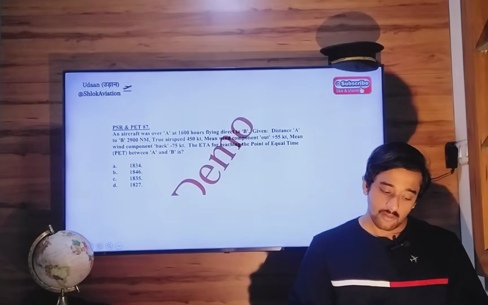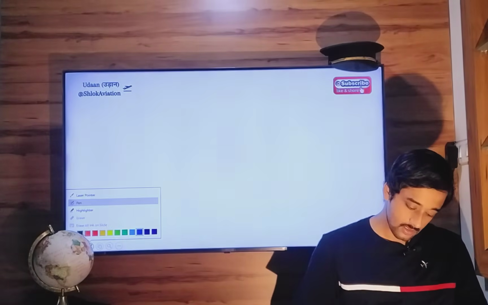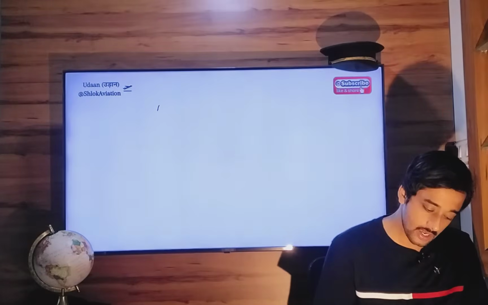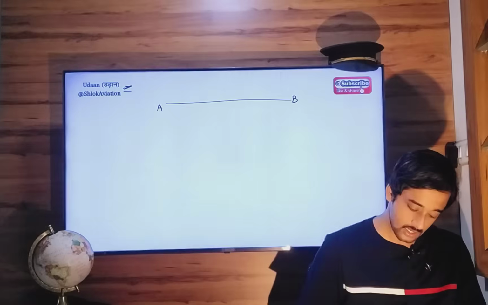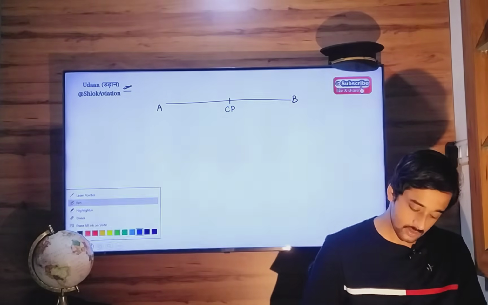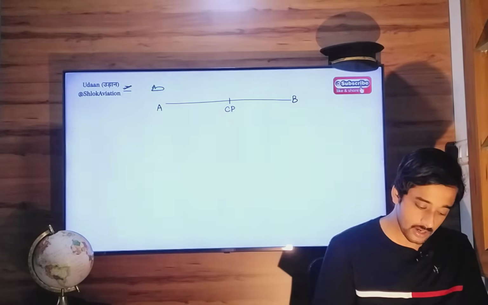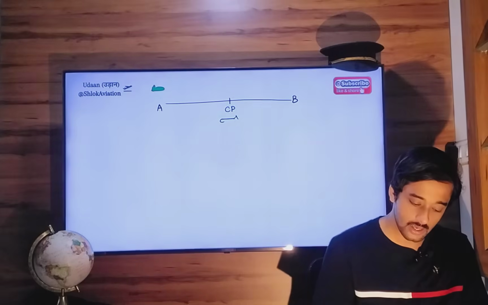What is the estimated time of arrival at point of equal time? So this is your point A, point B. This is your critical point. Aircraft is at point A, aircraft is at critical point.